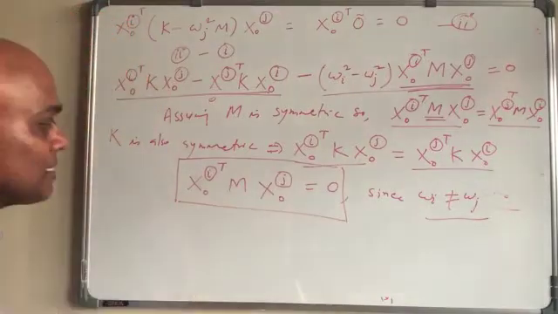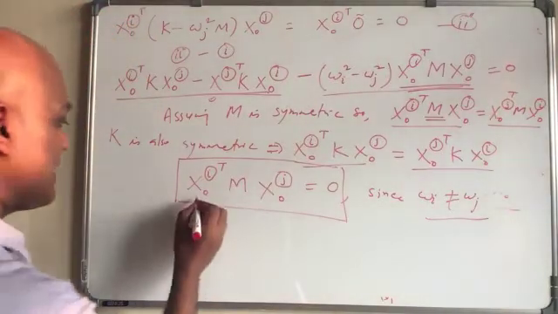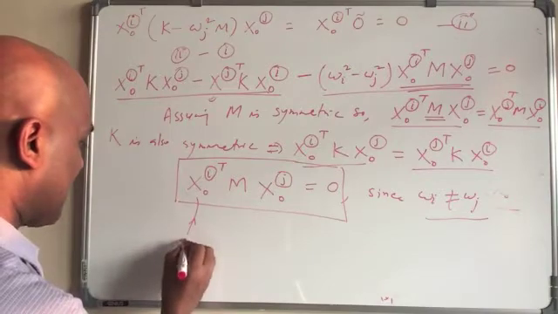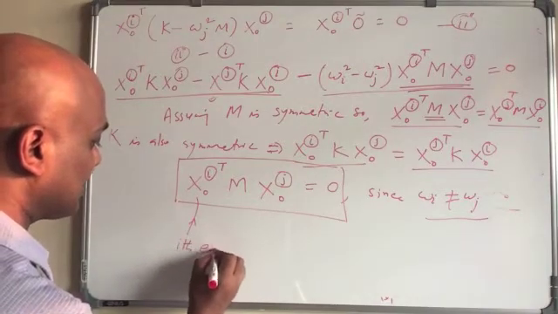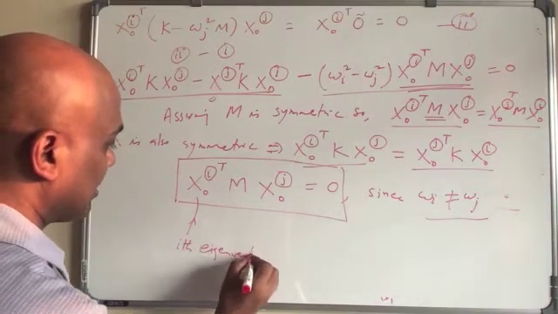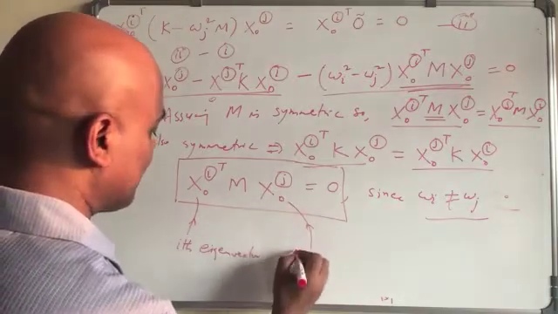Okay. So what is the meaning of that? This is the ith eigenvector, and this is the jth eigenvector.